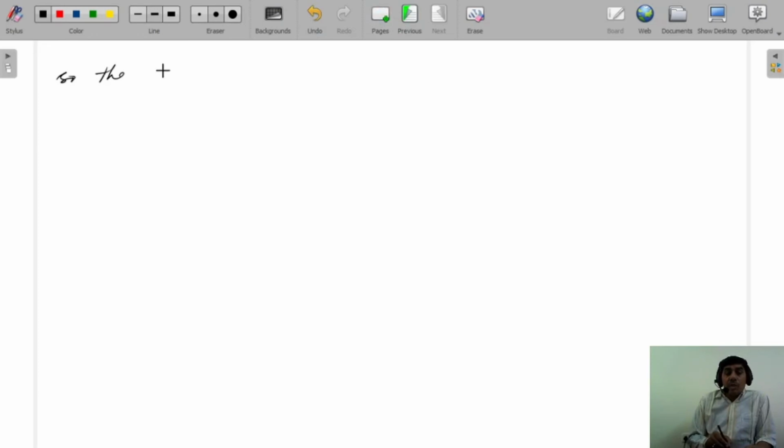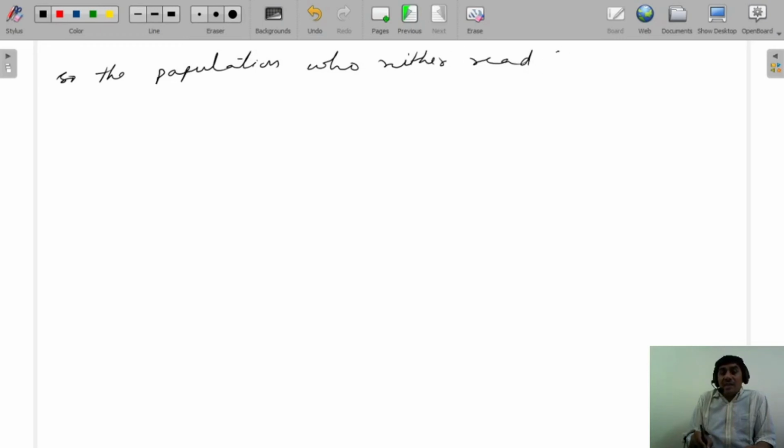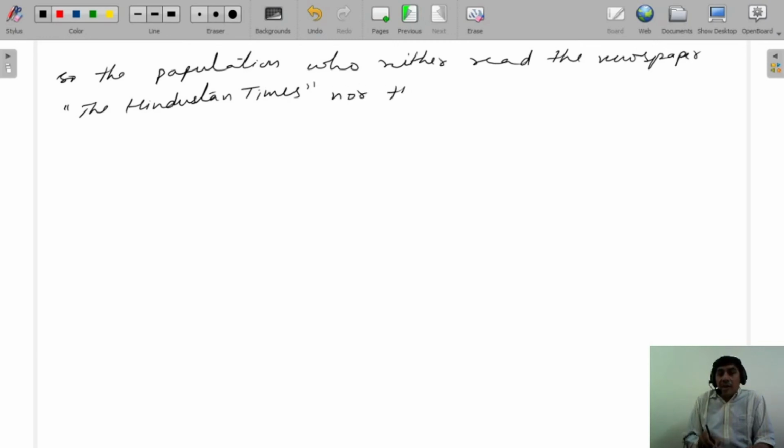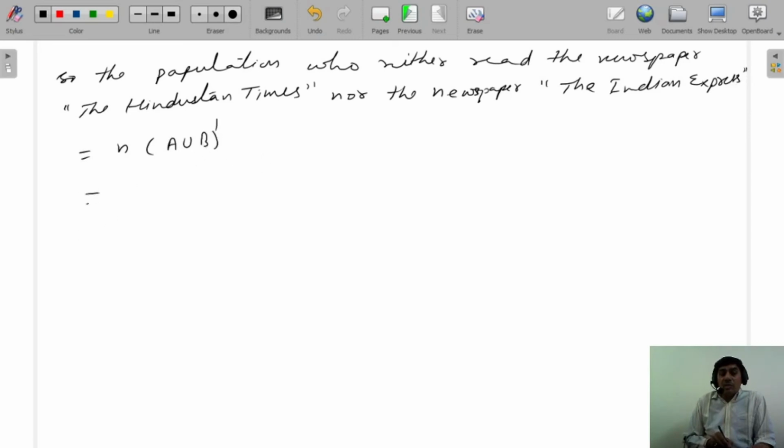So the population who neither read the newspaper the Hindustan Times nor the newspaper the Indian Express is equal to n of A union B complement, which is equal to 4,000.